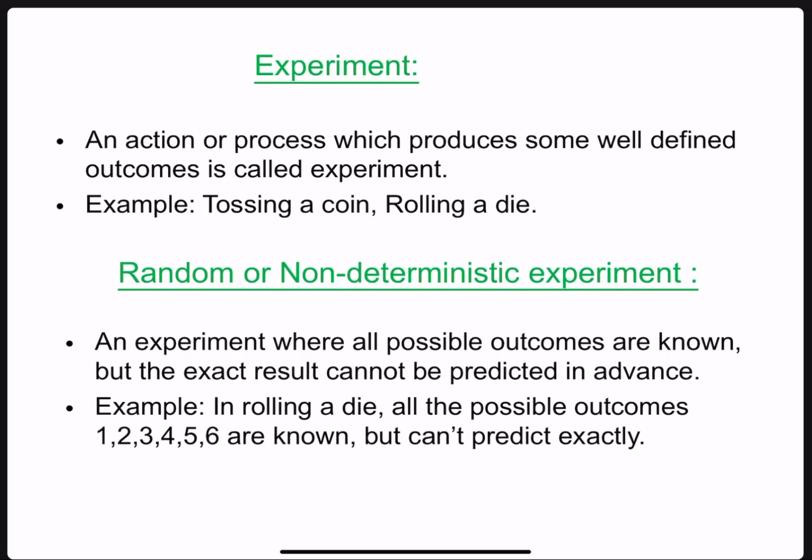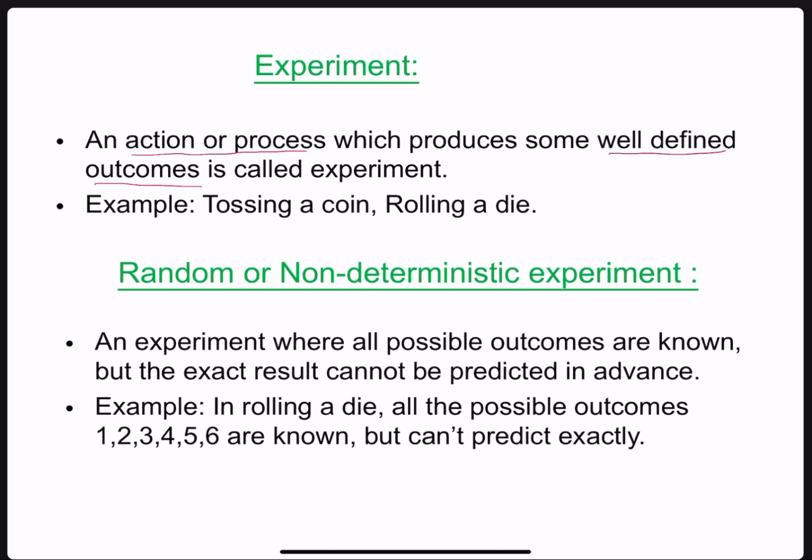Number one, we have to know experiment. What does experiment mean? An action or process which, when you do some action or process, will produce well-defined outcomes, meaning results. So when you do some action you will have results, and this is called an experiment. For example, tossing a coin.